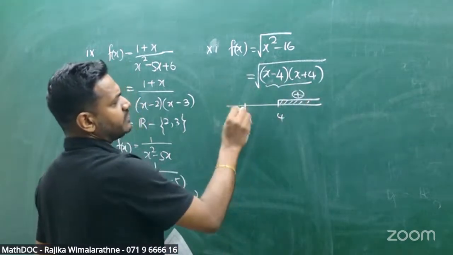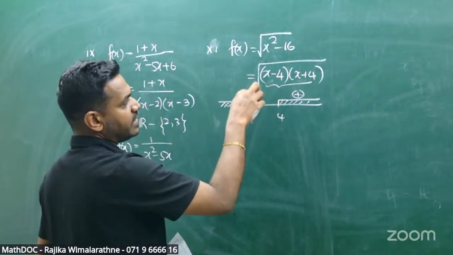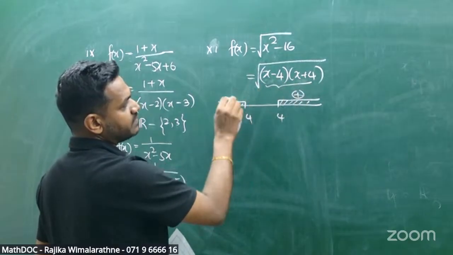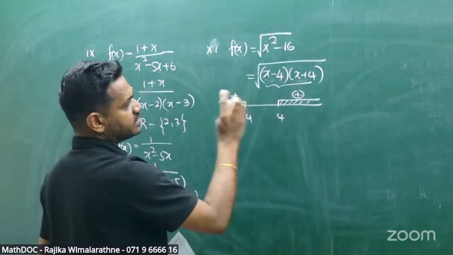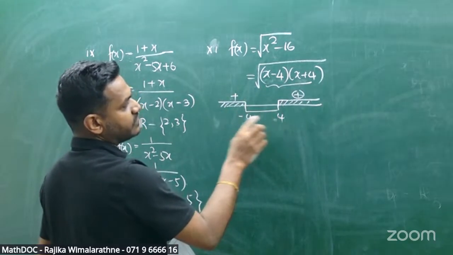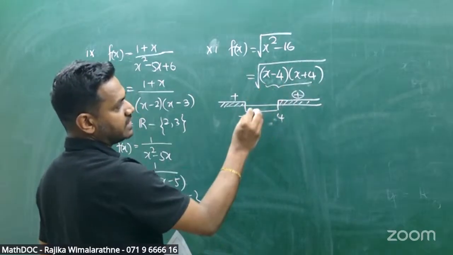Then for values less than -4, take -5, then -9. Here minus into minus is plus. So for this region plus, for this region plus. But for the region -4 to 4, take 0, put it here: -4 times +4 is negative.